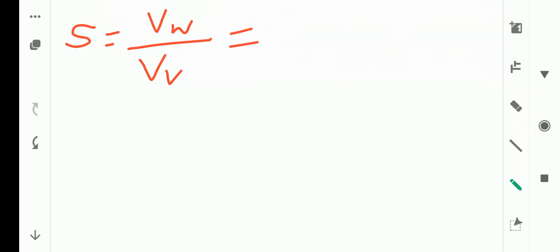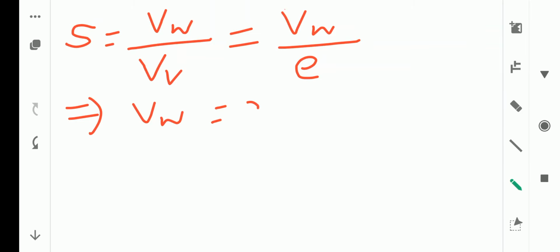Next, what is degree of saturation? Degree of saturation is volume of water by volume of void. We have seen earlier that volume of void is equal to e. That means volume of water is equal to S into e, correct?